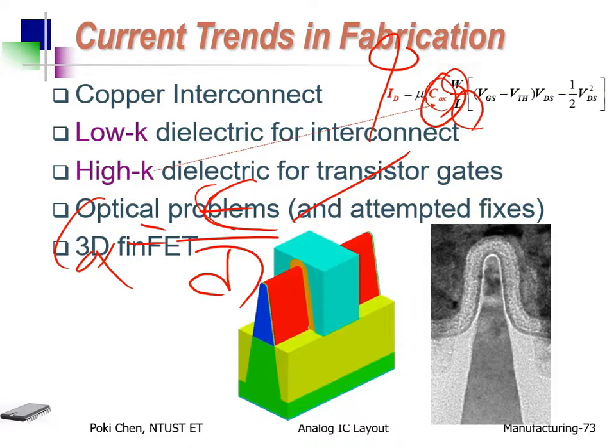Okay, so we reduce W, L and the gate oxide thickness to the minimum already. Or we enlarge the W already. Then how can you enhance the conductivity? Epsilon. The more epsilon, 介电系数, okay, dielectric constant, the more C oxide.